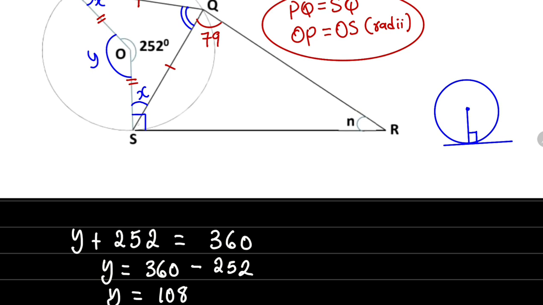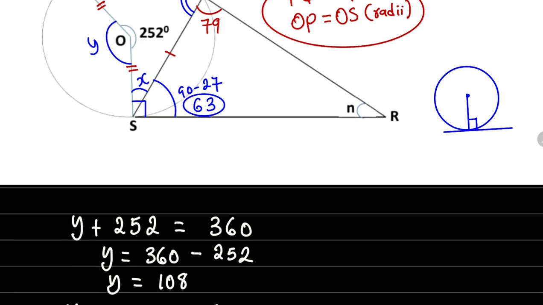And that is why this is 90 degrees. But remember, x is already 27. So I can find this angle by saying 90 minus 27, which is 63. So this angle is 63.